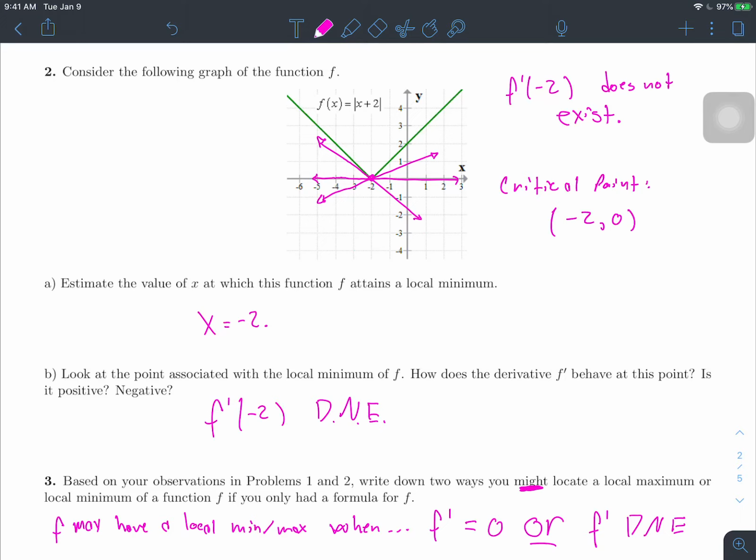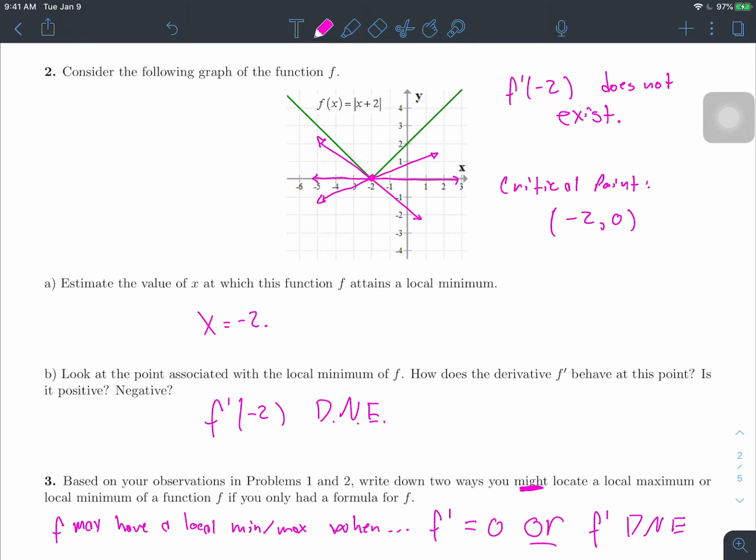A critical point either has derivative not existing or derivative equal to 0. One of those two things, either or. So -2 comma 0 is our critical point. And it turned out that for this example, our critical point was a local minimum.